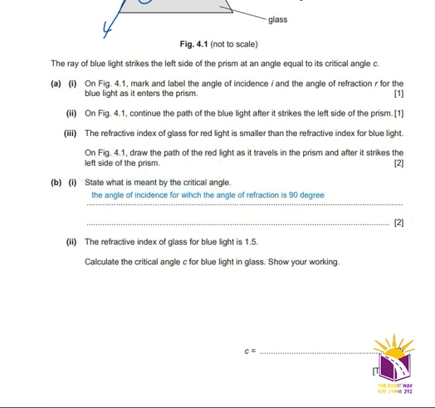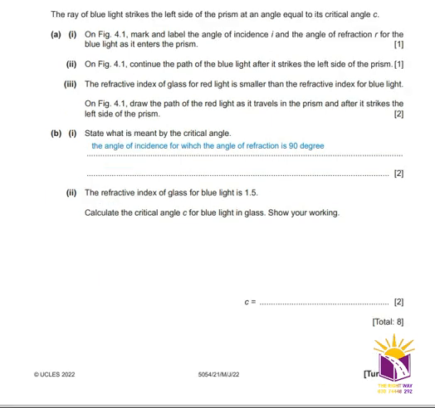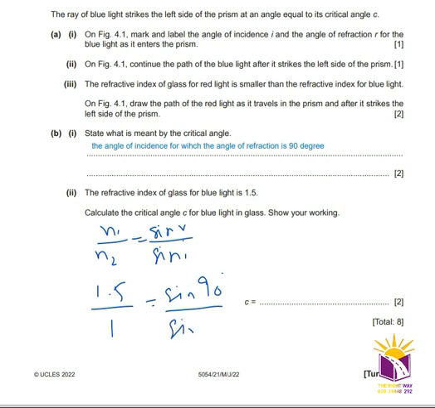Okay, the refractive index of glass for blue light is 1.5. Calculate the critical angle for the blue light in glass, showing your working. To find the critical angle, we are going to use the general formula n1 by n2 is equal to sine r over sine i. n1 is glass, which is equal to 1.5, and n2 is air, so it will be 1. Sine r will be sine 90 because the angle of refraction is 90 degrees for the critical angle, and we have to find the critical angle, meaning incidence angle, like sine c.